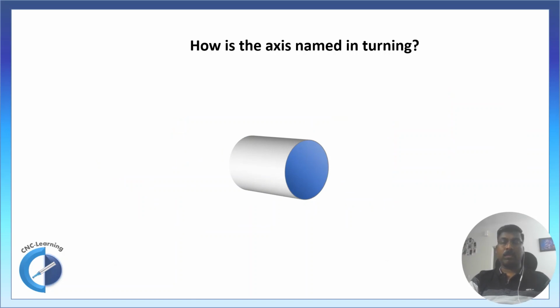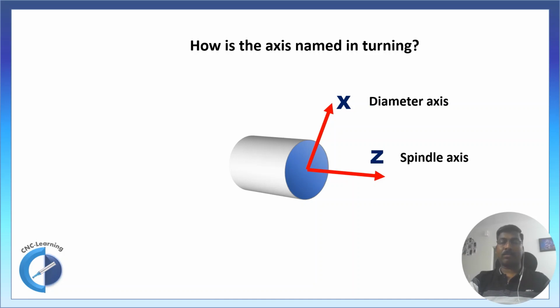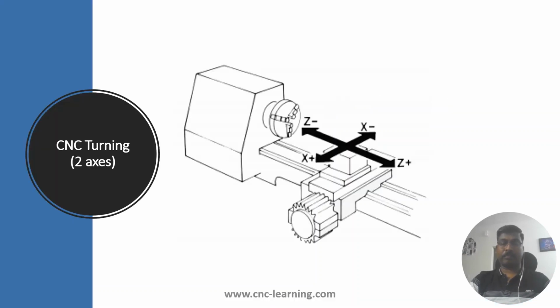Now, how the axis is named in turning, we'll have a look at. The axis which is going through the spindle is always Z axis, and the axis which is perpendicular to it is X axis or diameter axis. Here you can see it's a horizontal bed, no slant bed.